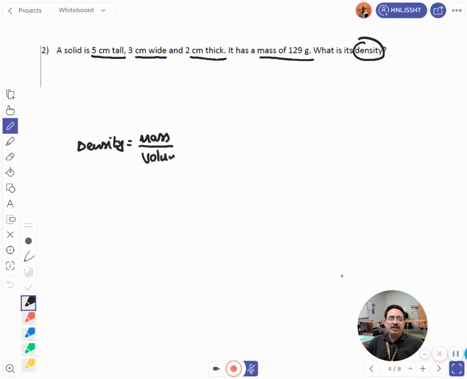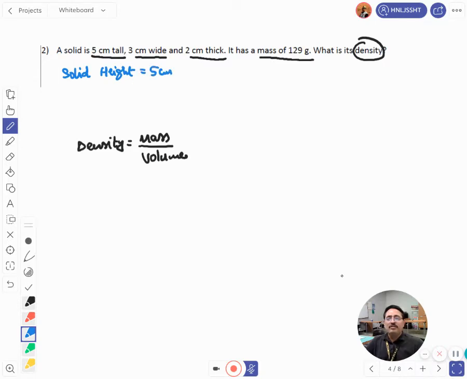But before that, as I mentioned, please do write the description. A solid is 5 centimeters tall, which means the height of the solid is 5 centimeters.